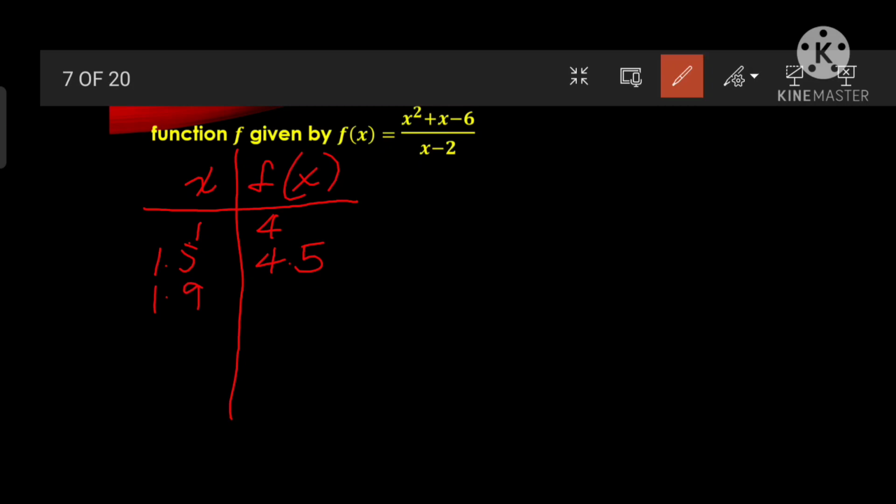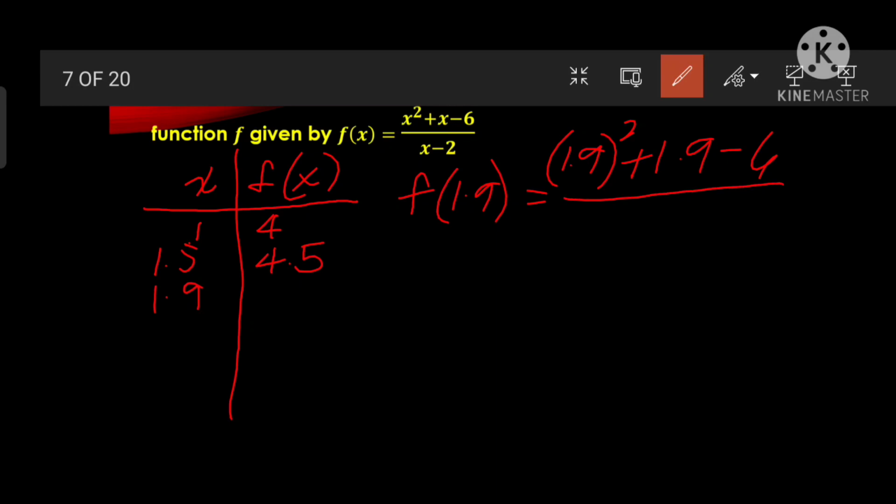So we have f of 1.9 is equal to 1.9 squared plus 1.9 minus 6 all over 1.9 minus 2.